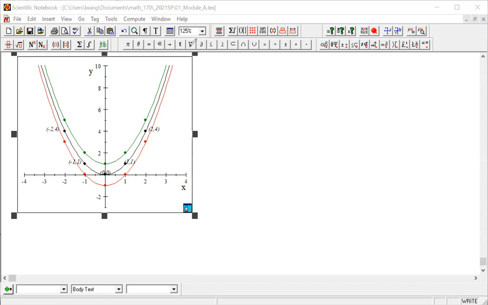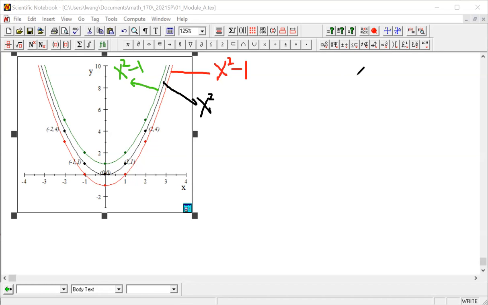The black, that's x squared. And the red, that's x squared minus 1, shifted down by 1 unit. And the green is x squared plus 1.